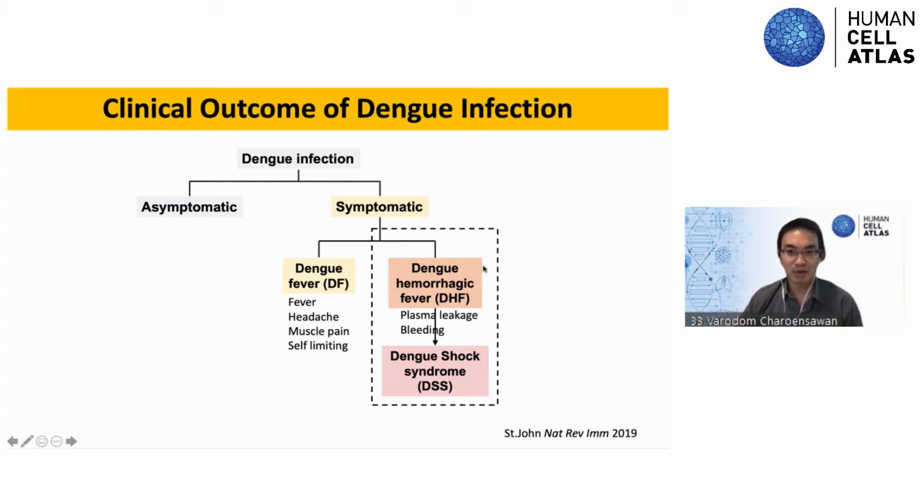For those who have a little bit more severe versions, we have something called dengue hemorrhagic fever, or DHF, in which you start to have some plasma leakage and bleeding. And in very extreme cases, the patients could have shock as well. So we call this dengue shock syndrome, or DSS.